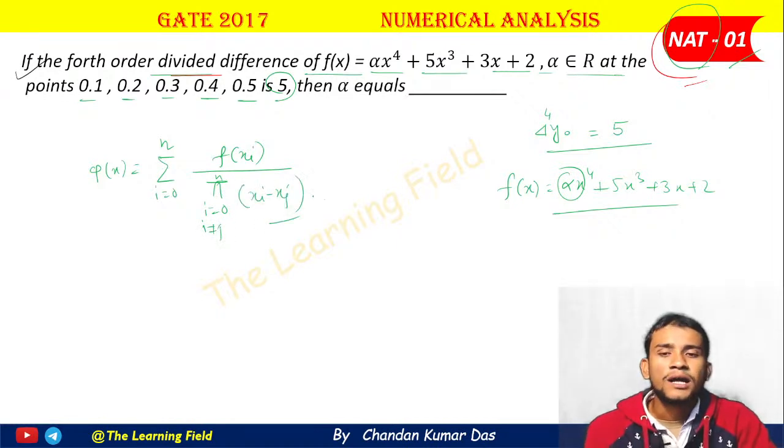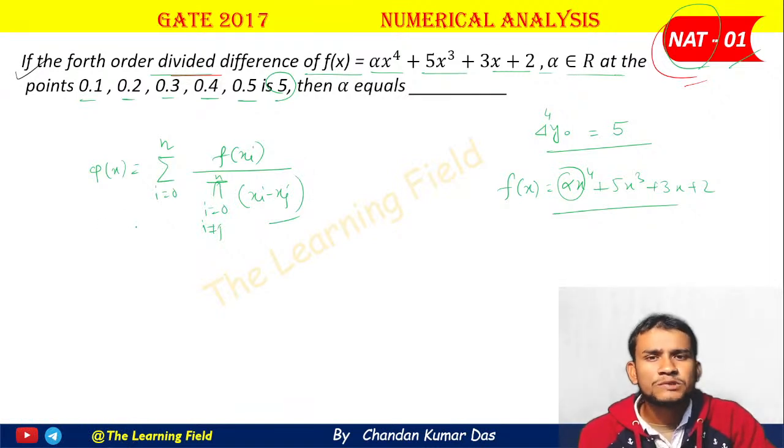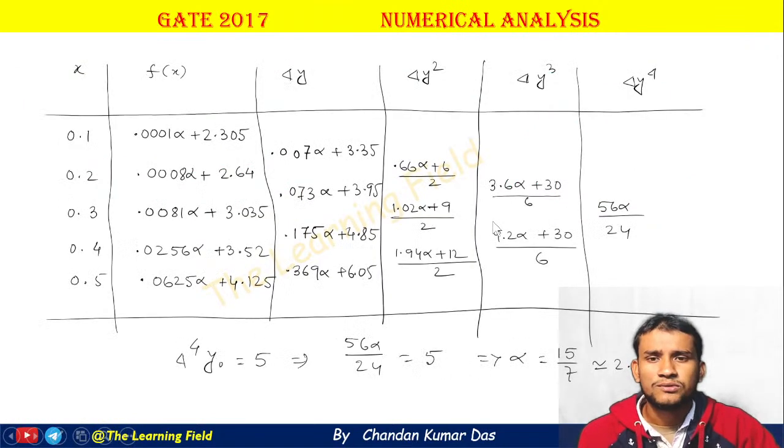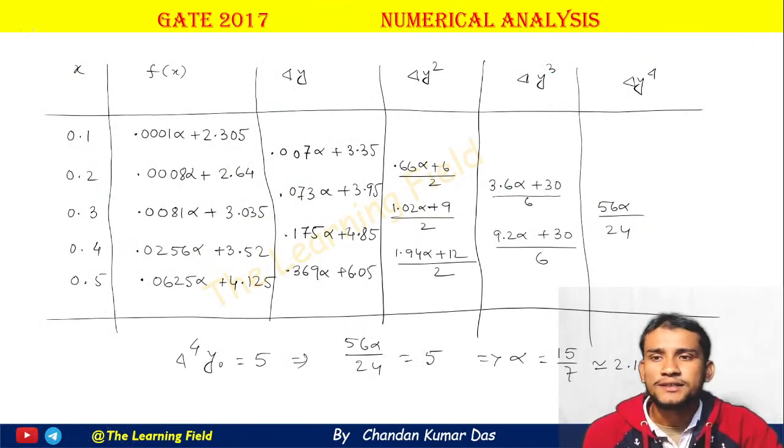So you can use this formula also to calculate alpha. But I personally choose the difference table. With the difference table the calculations are somewhat easier, but it is also a big problem. So we first write the difference table.